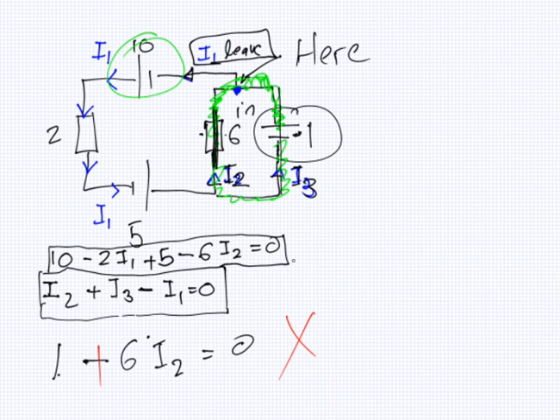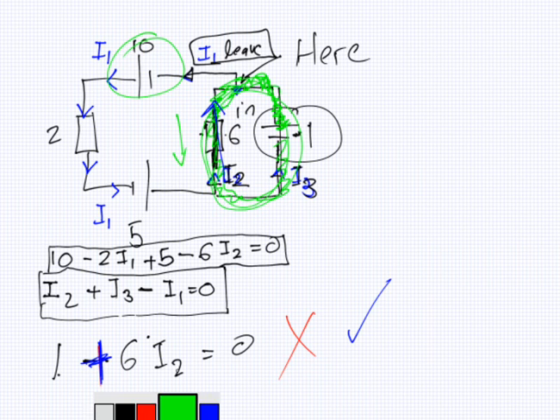Why did you go minus 10 I1 in the substitution? It's 20 minus 10 I1 plus 5.